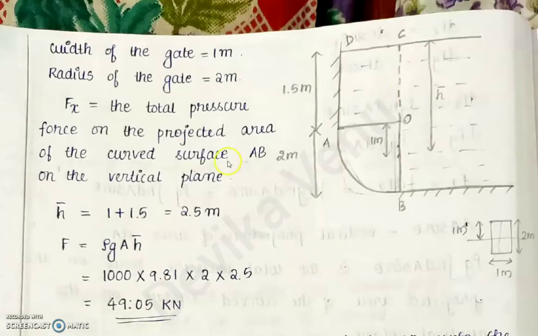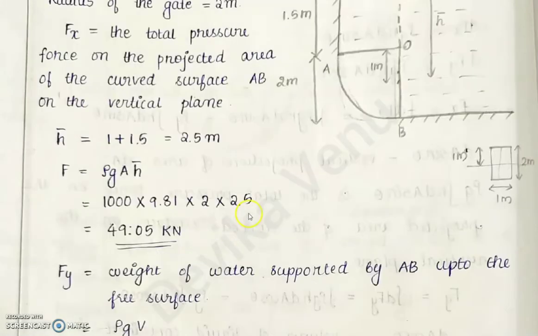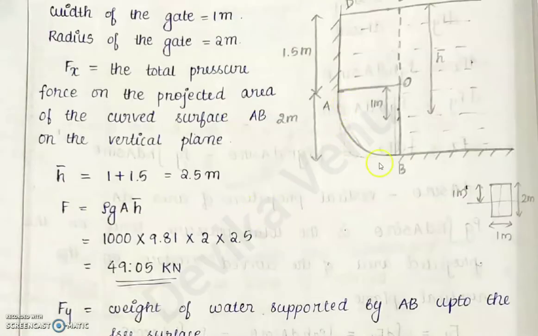And the volume of this other shape? This is a quadrant of a circle, so its area will be 1/4 of the area of a circle, into 1, the width of the gate, will give you the volume. Substituting the corresponding values in this equation, you will finally get the value 60.249 kilonewton. This is how you find Fx and Fy of this curved surface.